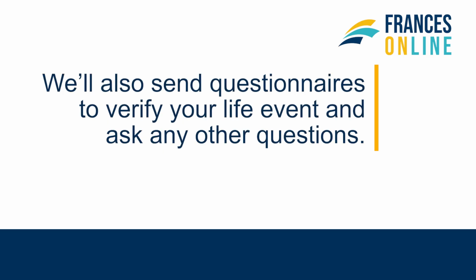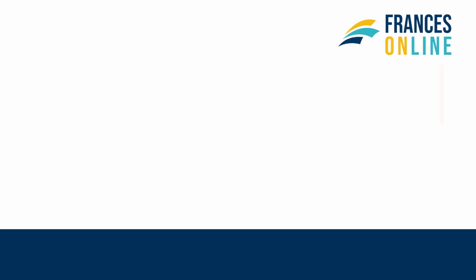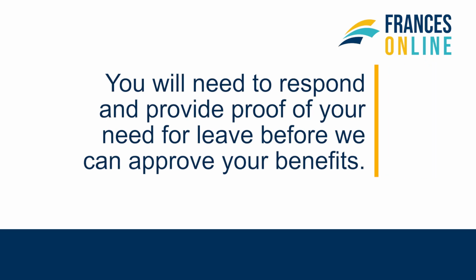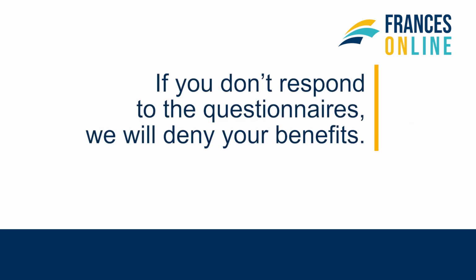We'll also send questionnaires to verify your life event and ask any other questions. It's important to respond to these questionnaires. You will need to respond and provide proof of your need for leave before we can approve your benefits. If you don't respond to the questionnaires, we will deny your benefits.